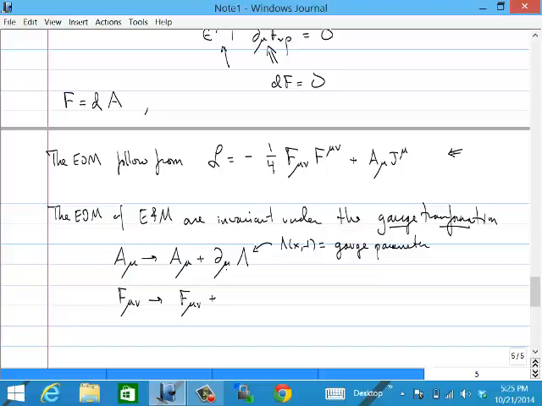So that means that if you take A and add to it d_mu of lambda, then F picks up a term which is d_mu d_nu of lambda minus d_nu d_mu of lambda. But of course, by the equality of mixed partial derivatives, that's equal to 0, meaning that the electromagnetic field strength is unchanged under a gauge transformation.